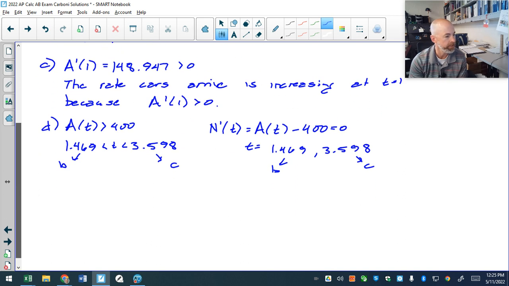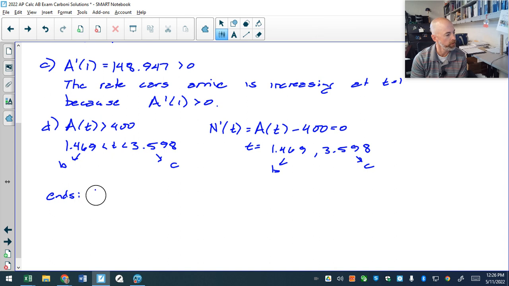And now the question is, is it asking when or what is the number of cars? Find the greatest number of vehicles and justify. So my candidates are my endpoints, which will be 1.469 and 4, because they define 4 to be the end of the interval.